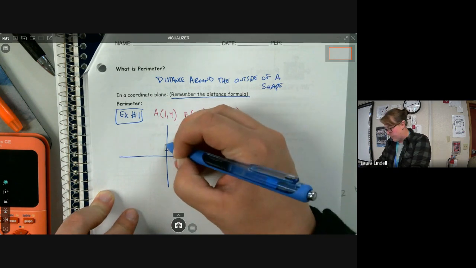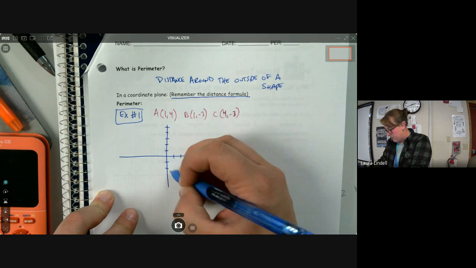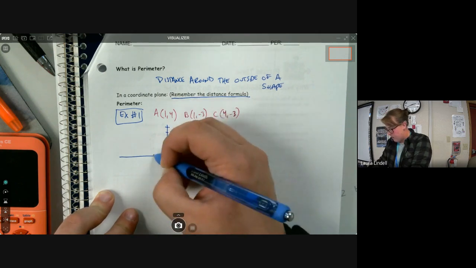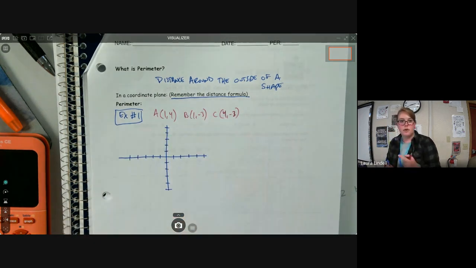All right, step 1, done. Most of these will have a coordinate plane already on the paper for you. This first one just doesn't.